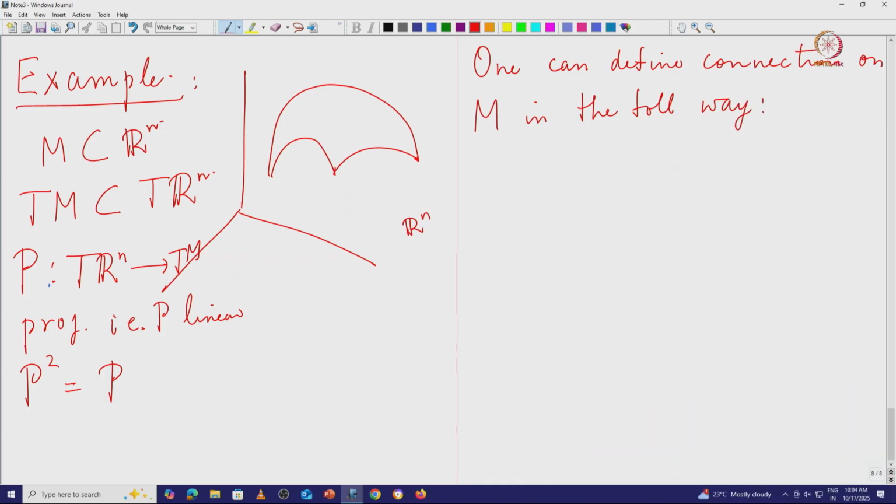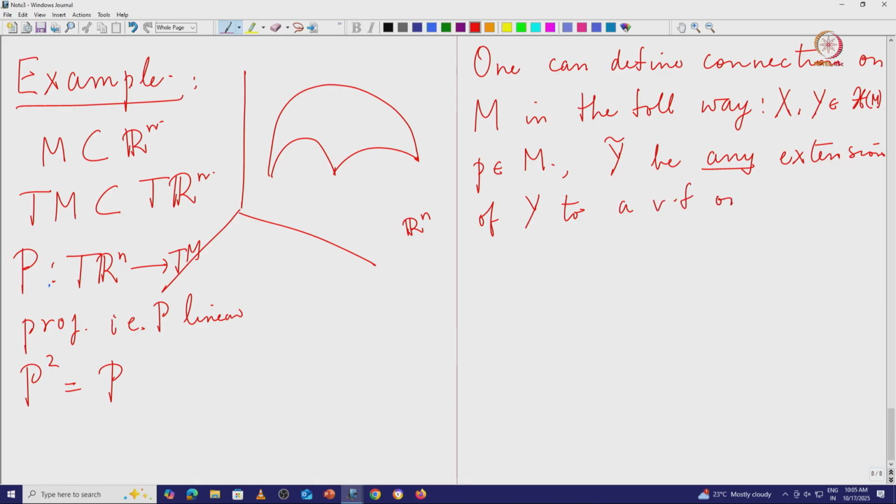Okay, so let X and Y be vector fields and let p be a point on M. Let Y tilde be any extension of Y to a vector field on all of R^n. Okay, so one can always do this using partitions of unity, or one can even do this in a neighborhood.